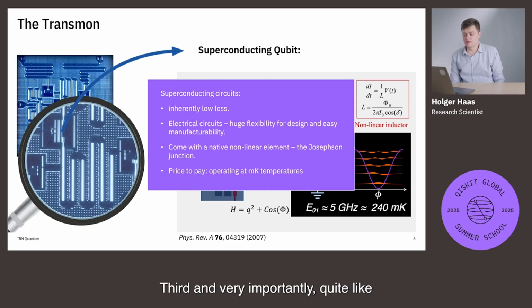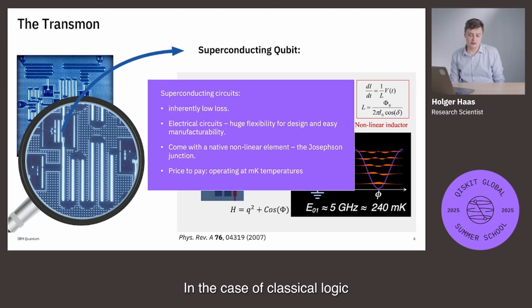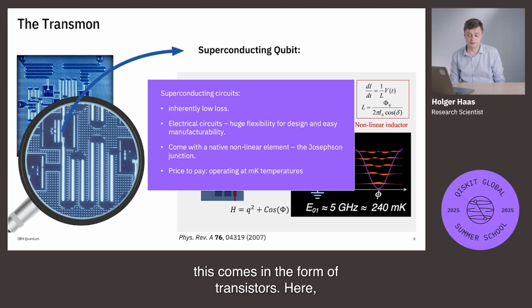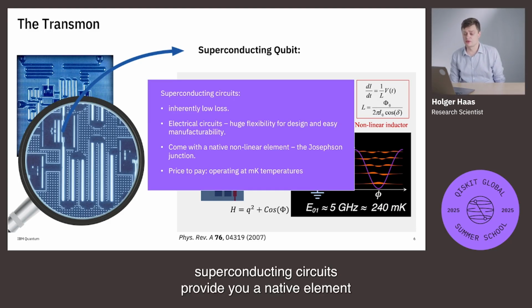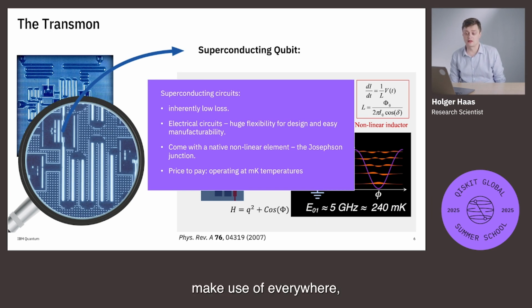Third, and very importantly, quite like with implementing classical logic, you need a nonlinear element. In the case of classical logic, this comes in the form of transistors. Here, superconducting circuits provide you a native element called the Josephson junction, which circuits make use of everywhere. This lies at the heart of our qubits.